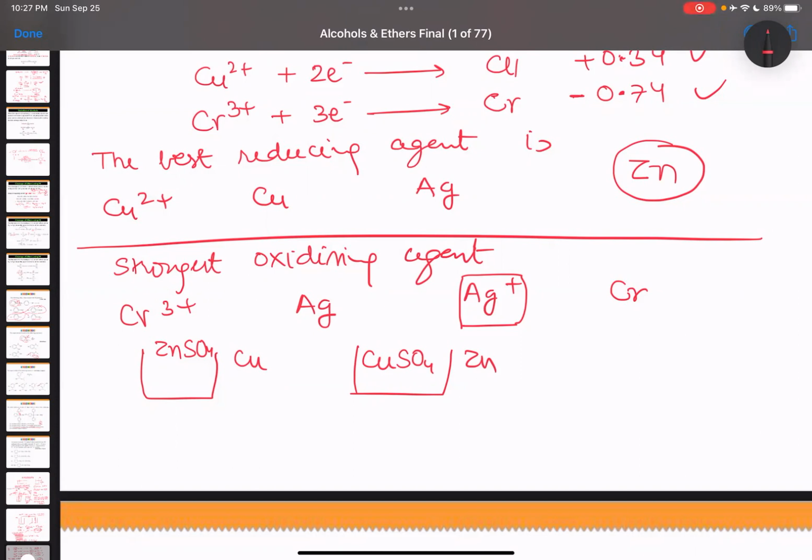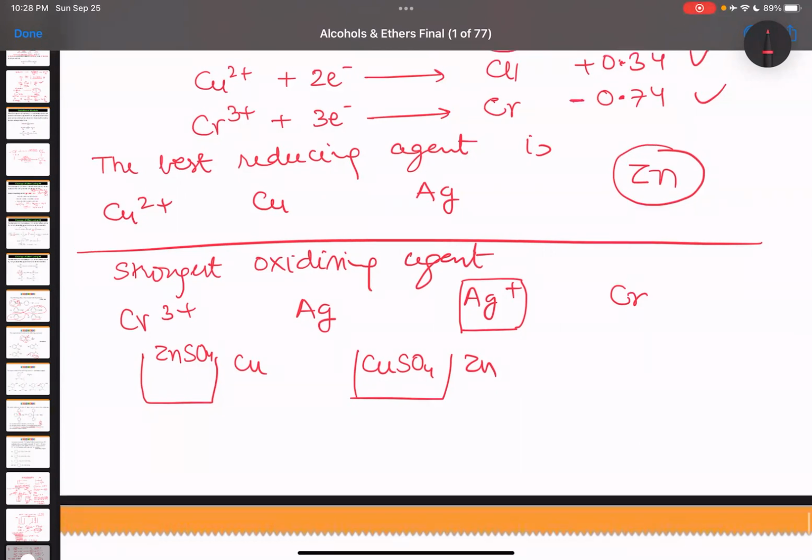Yeah, which is correct. So both can be done. Actually, you need to choose the option where there is no reaction happening. If there is a reaction happening, your vessel is going to dissolve.